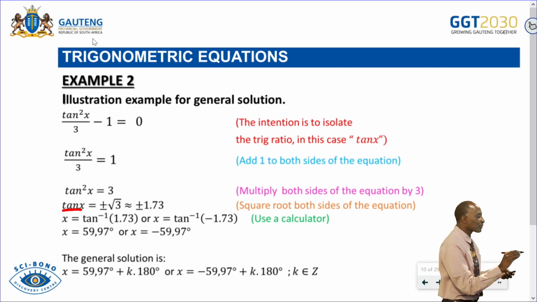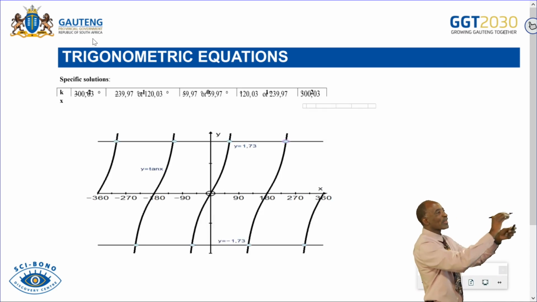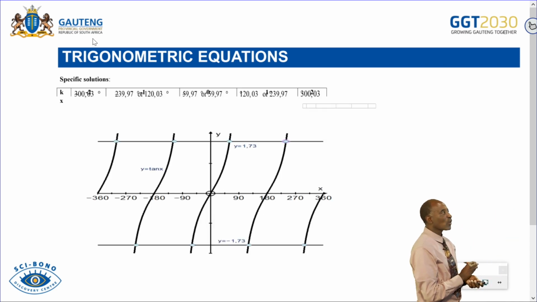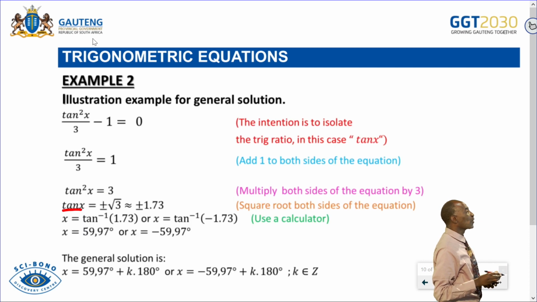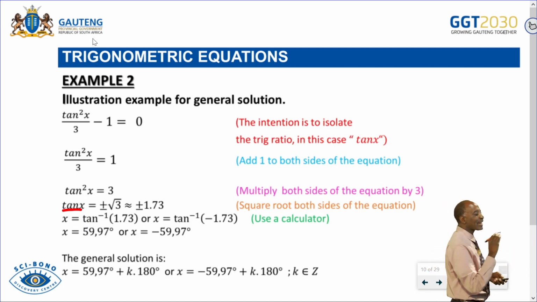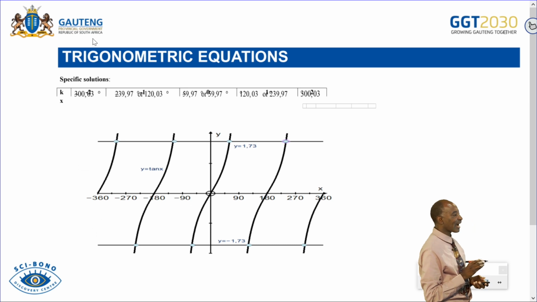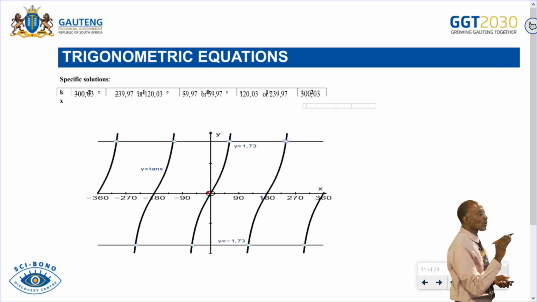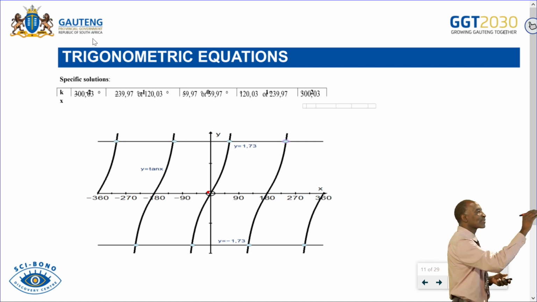Then from here, what are we saying? We are saying if we draw the graphs here, you are going to draw the tangent graph versus the two values of tan x, which is plus or minus 1.73. So we have drawn the tangent graph, which is a standard tangent graph. It passes through 0, 0, and remember the tangent graph has got what we call lines of asymptotes.